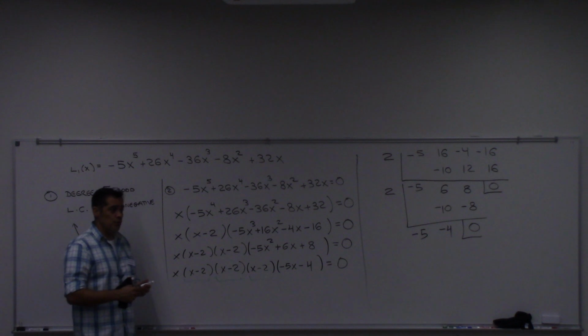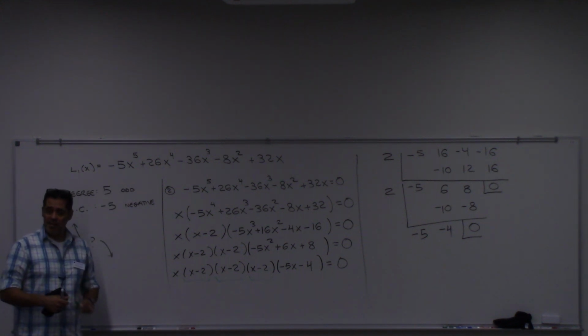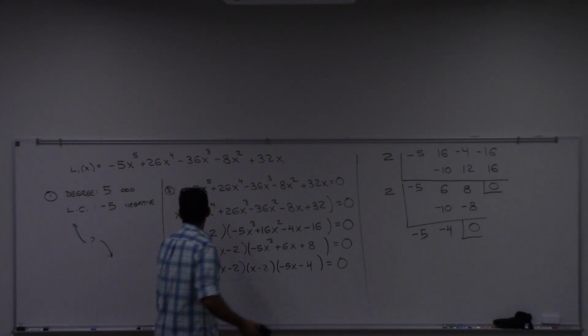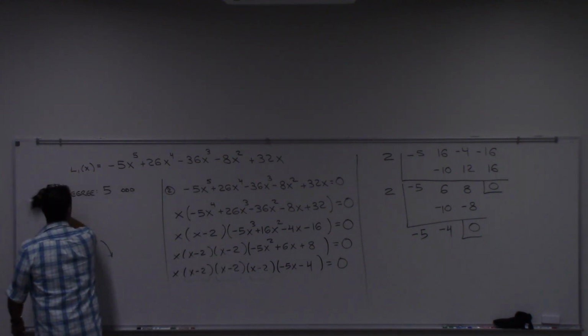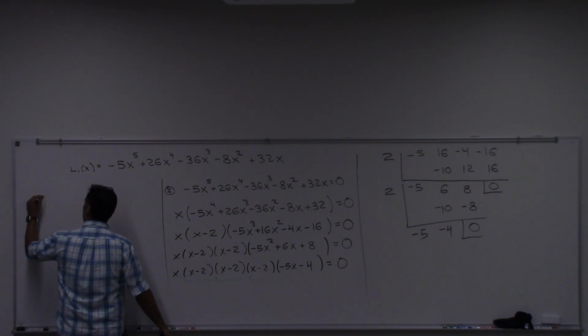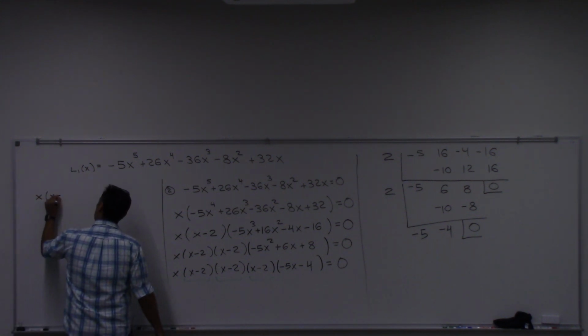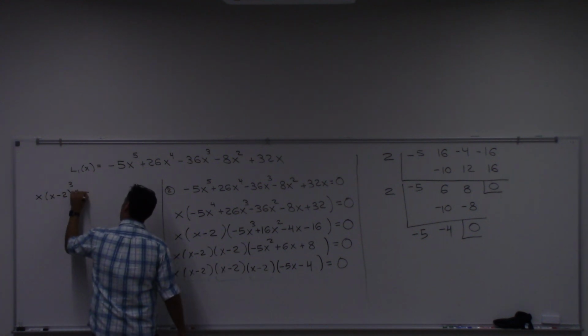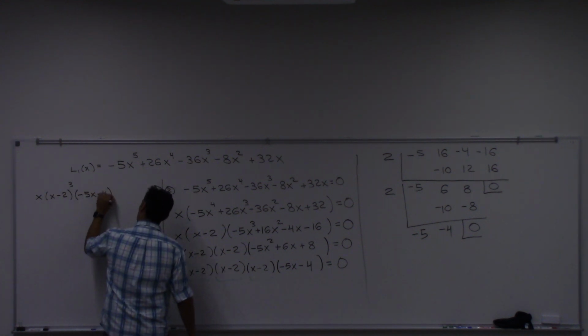So that's actually cubed, which means the multiplicity is 3. Odd, which means it will cross there. Let me get the final factored version here. We have x minus 2 cubed, and then -5x minus 4 equals 0.